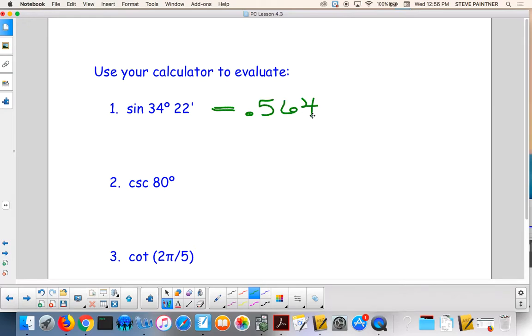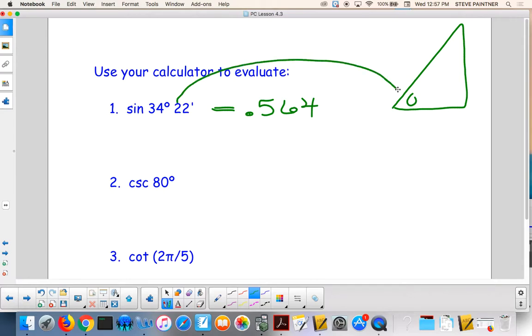Do you realize that's a ratio? You've got theta, and we know theta. You know what this says to me? 564 over what?